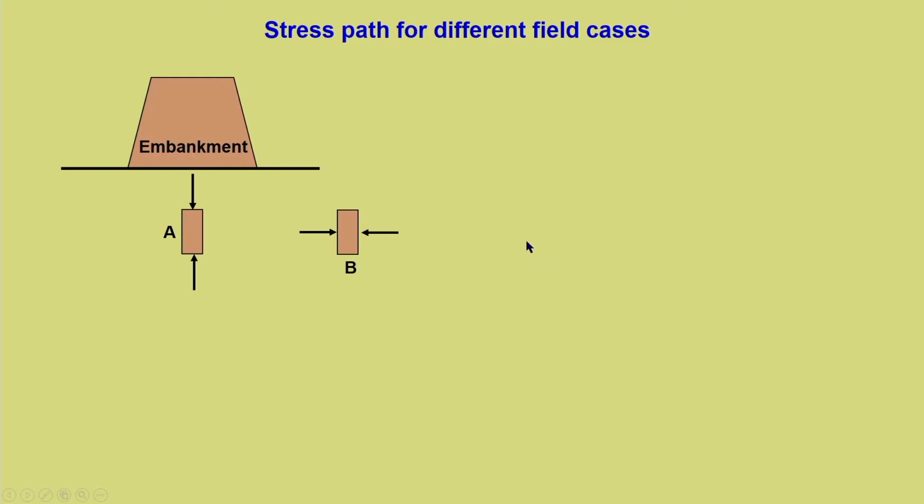Now, let us take another case where we talk about excavation and there is a slope formation. Because of this excavation, there is a release of stresses. If you consider a soil mass on the slope, the lateral stresses are released, whereas the axial stress remains more or less the same.